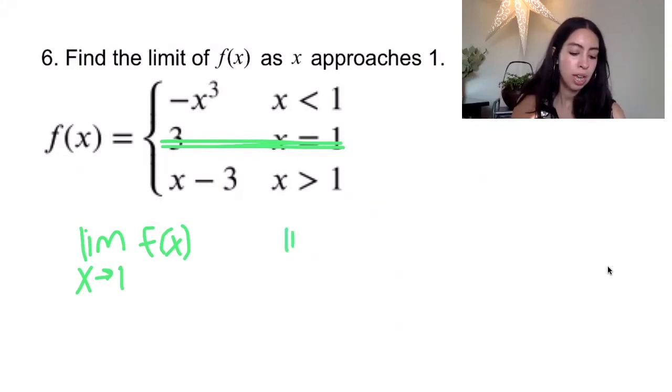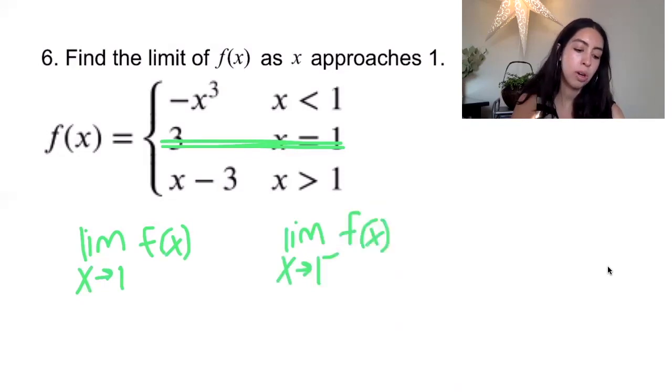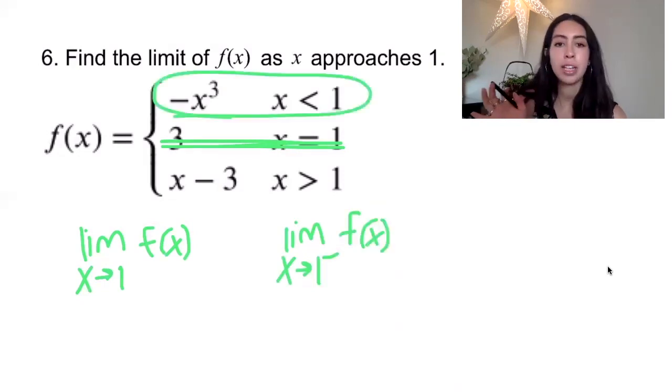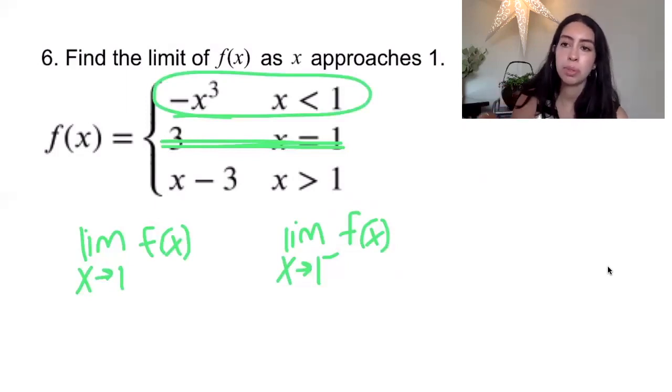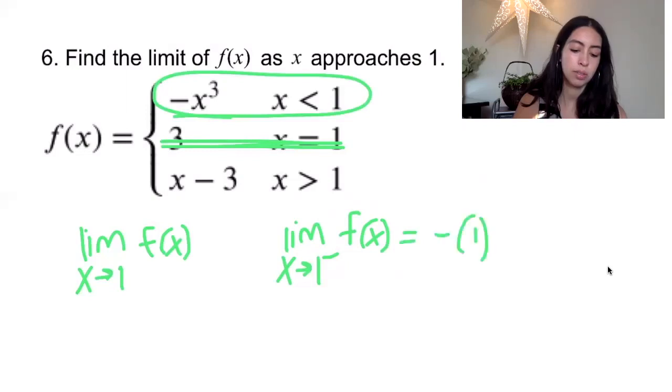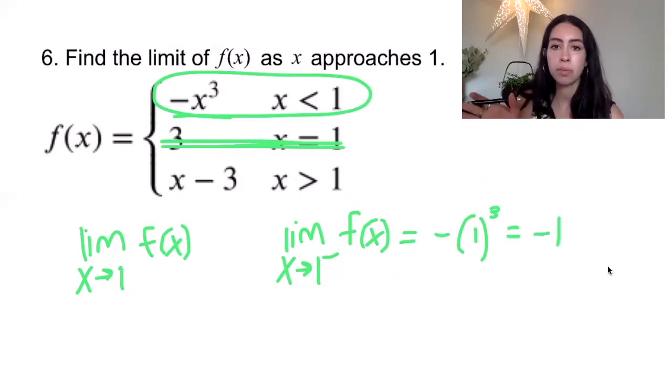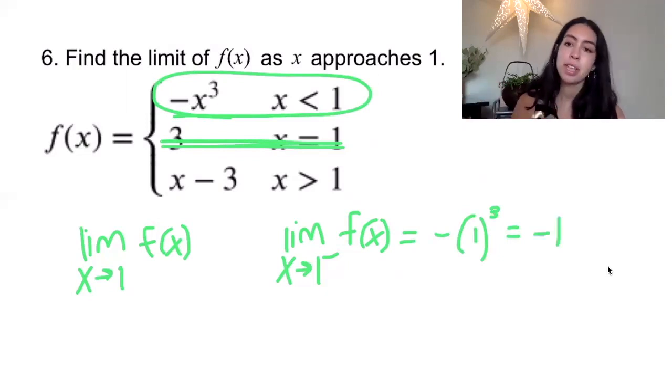So from the left side, we're approaching 1 with the function -x cubed. So what I'll do is I'll do direct substitution and plug in 1 to this function. And that's going to give me -1. So I know that as x is approaching 1 from the left side, our value is -1.